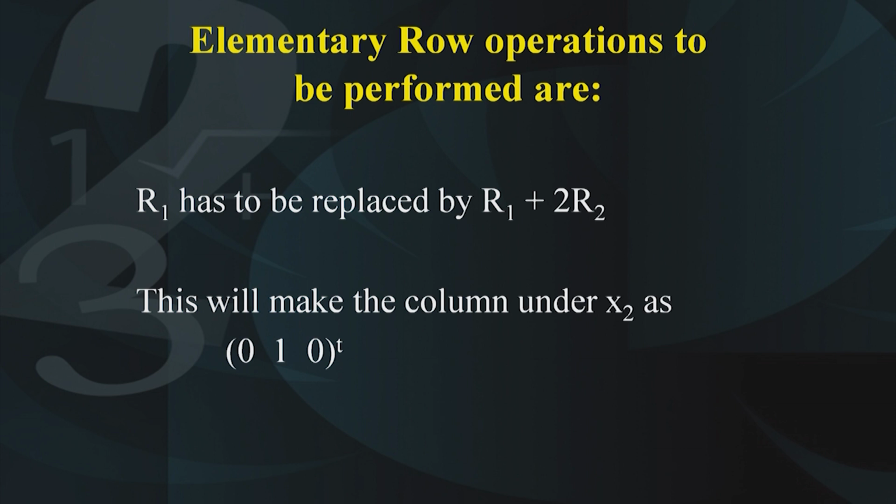Only one has to be performed, and that is R1 should be replaced by R1 plus 2 R2, and once this is done, the resulting column will become 0 1 0, and that completes our second iteration.